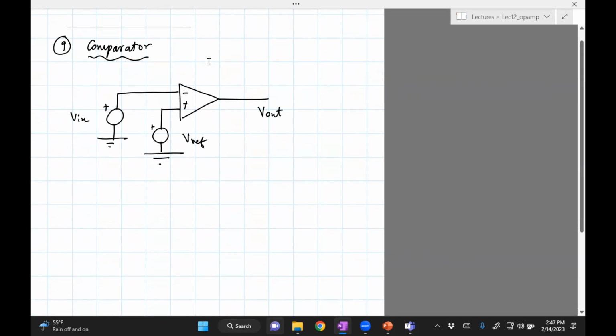Now, op-amps are not stable when they are open loop. When you have open loop like this one, where V out is not fed back to negative or positive, the output voltage will just saturate. By saturate, I mean it'll take the maximum value possible. So V out saturates.